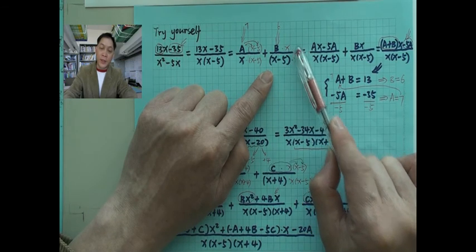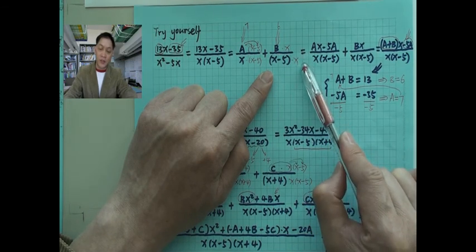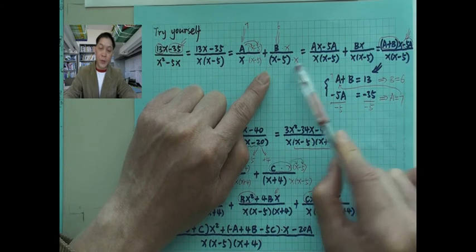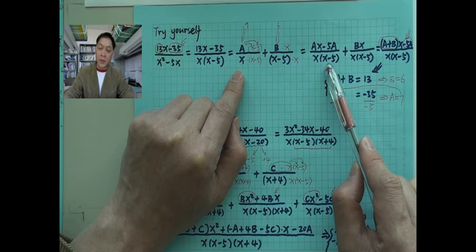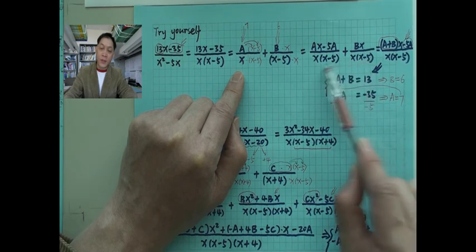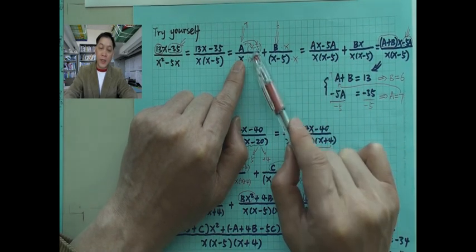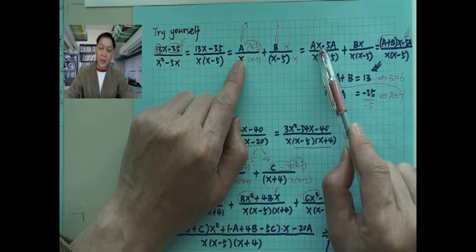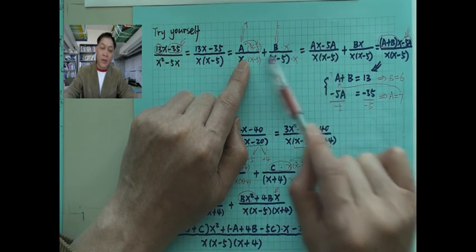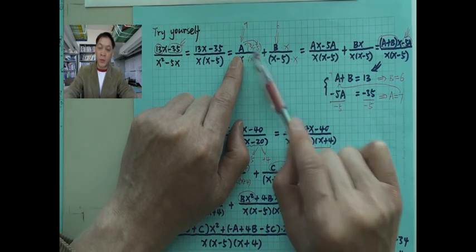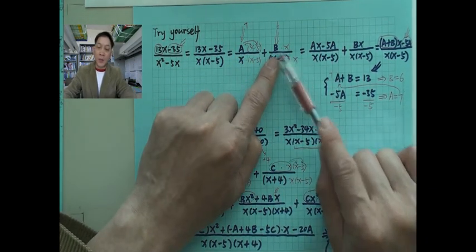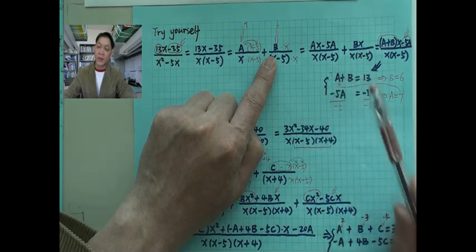So both numerator and denominator multiplied by x. And then you have denominators are the same, which is x times x minus 5. And then a times x minus 5 is a times x minus 5 times a. Okay, that's distributive property. And here is b times x, so it's bx.